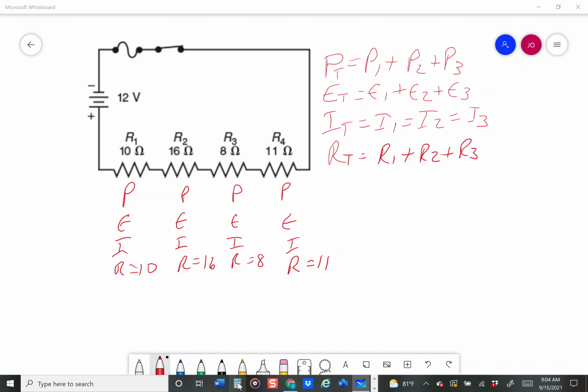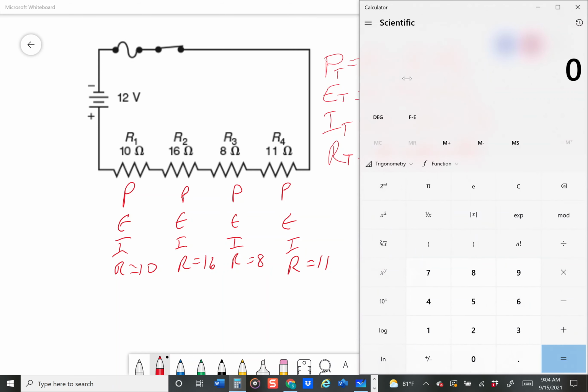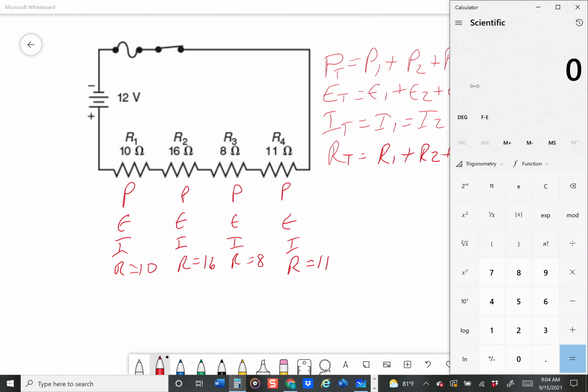So we'll bring up our trusty calculator and we will put in our values of 10 plus 16 plus 8 plus 11, and that's going to give us a value of 45 ohms.